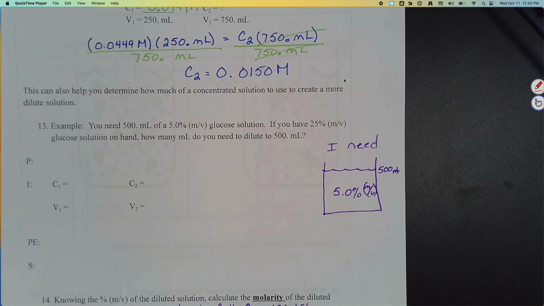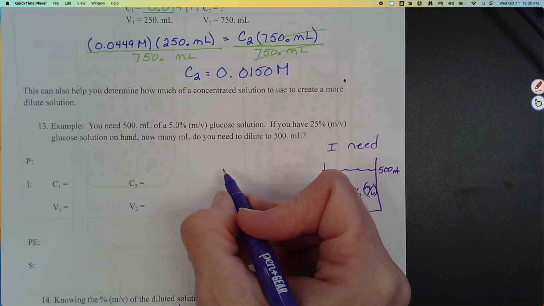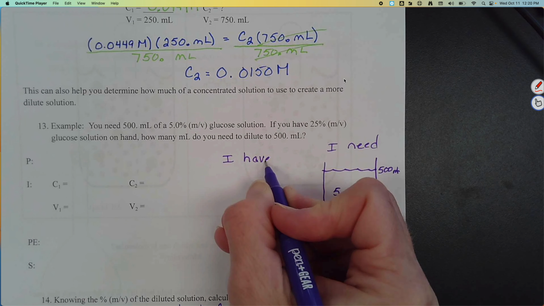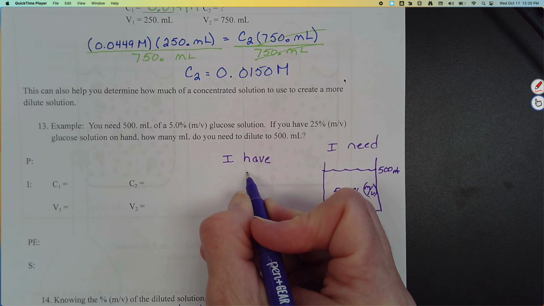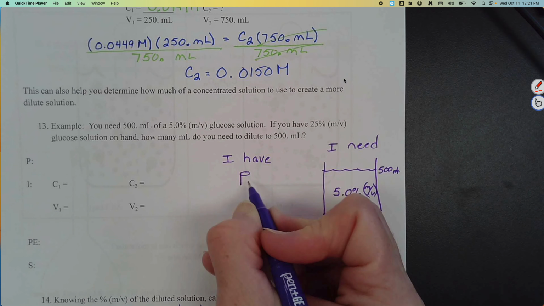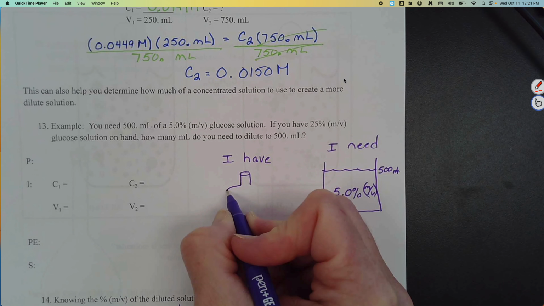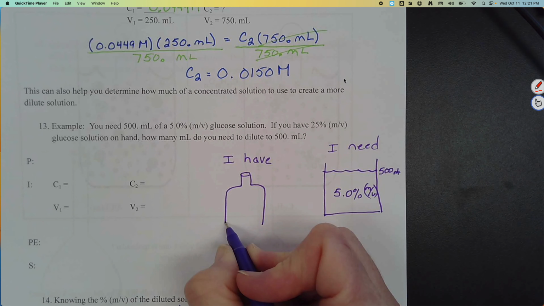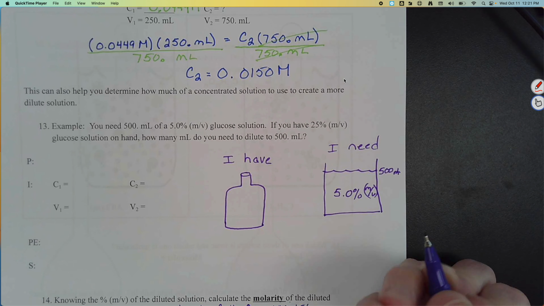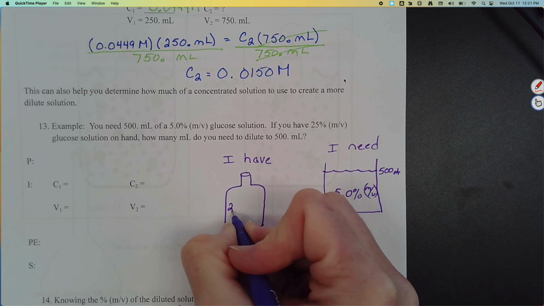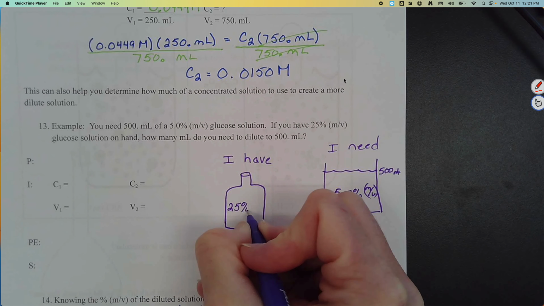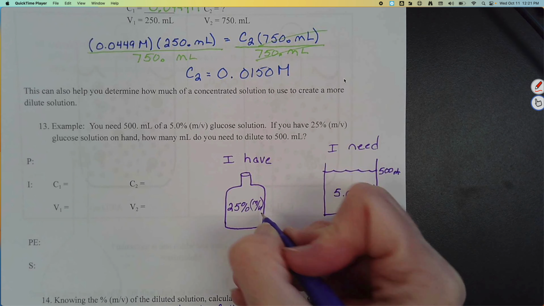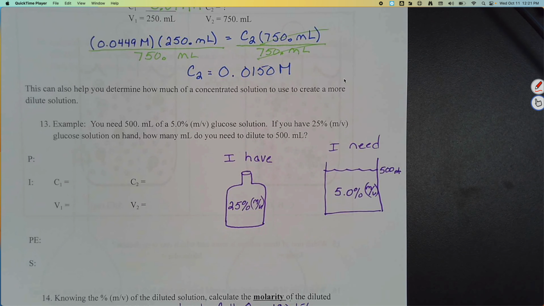That's the goal. My problem is I have a bottle. Let's see if we can draw a bottle here. I have a bottle that contains 25% mass volume of the glucose.